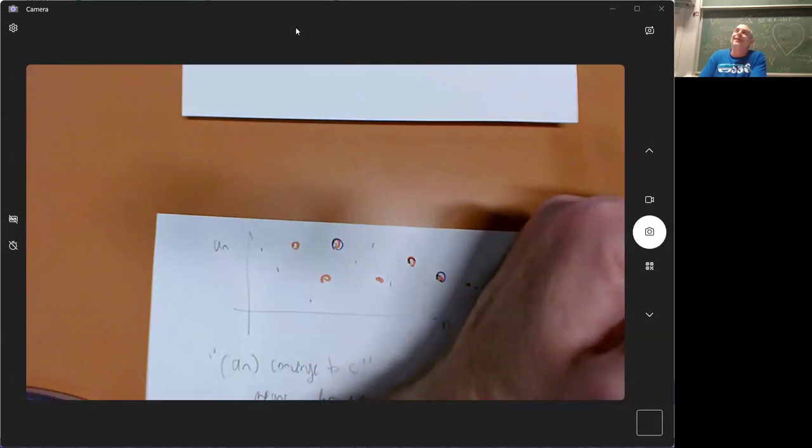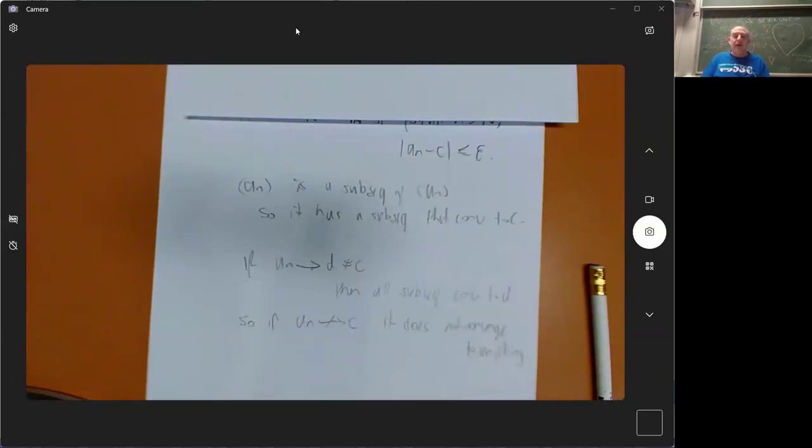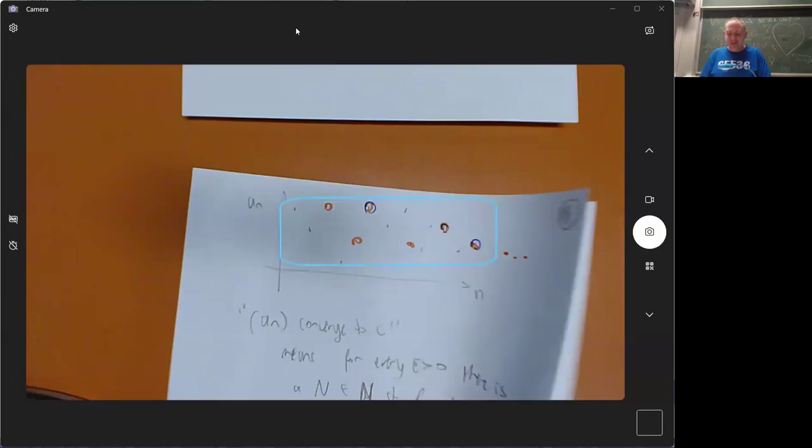So my thought is that if you consider the subsequence made of all of the ones that are further than epsilon from C, that doesn't exist. Yes. Okay, I got there in the end.